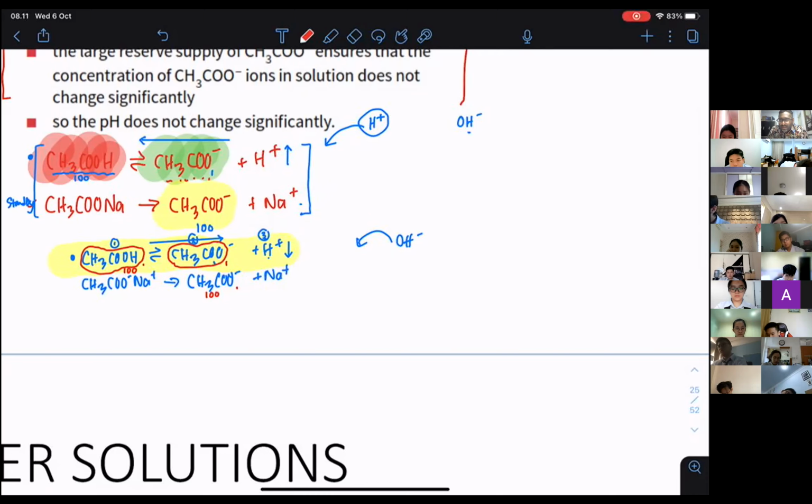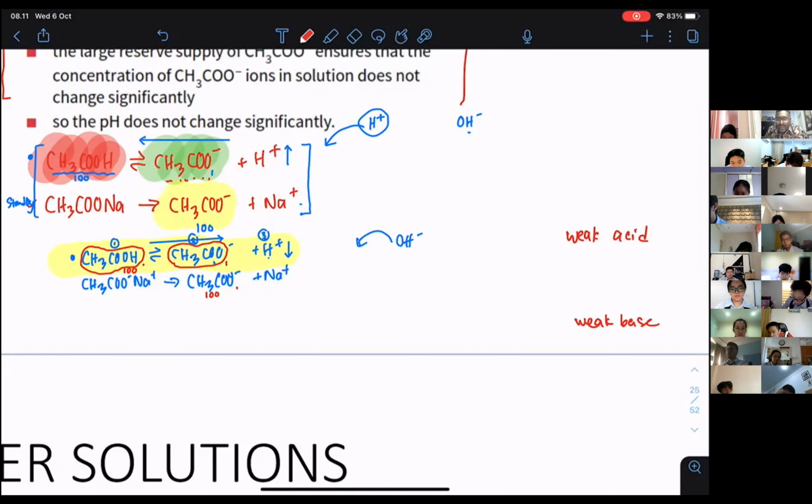It means that you must have a weak acid or a weak base. I have discussed only the weak acid just now. Now, in order to make sure the changes are insignificant, you must have a large supply to compensate for the changes.